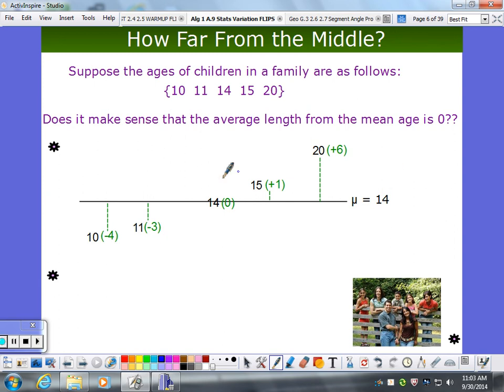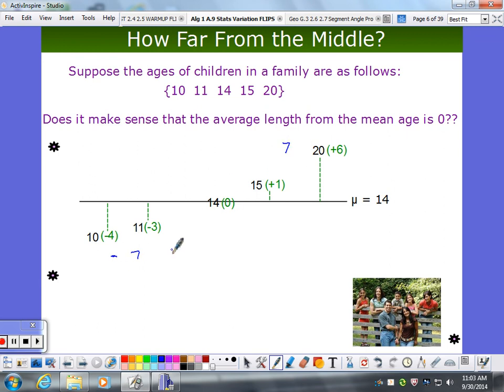Let's look at a table here. My mean is 14. Here's my 10-year-old, 4 under; 11-year-old, 3 under; 14-year-old right there; 1 above; 6 above. Think about these distances. This comes out to about 7, and this comes out to about 7, but this is negative. Do they cancel out?